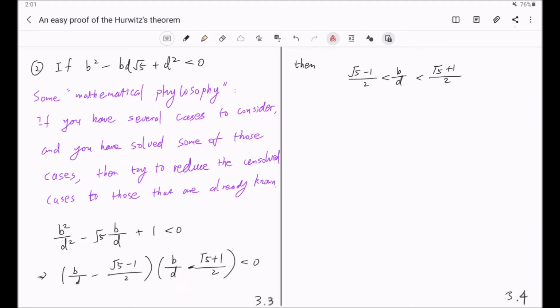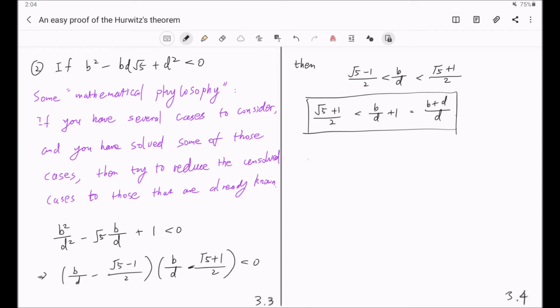Another trick is the following. If you add 1 to this inequality, you get (square root of 5 plus 1) divided by 2 is less than b over d plus 1, which is equal to b plus d divided by d. And what does this tell you?